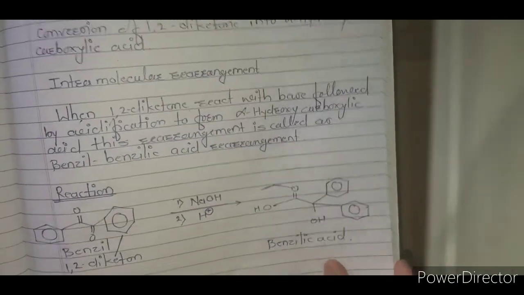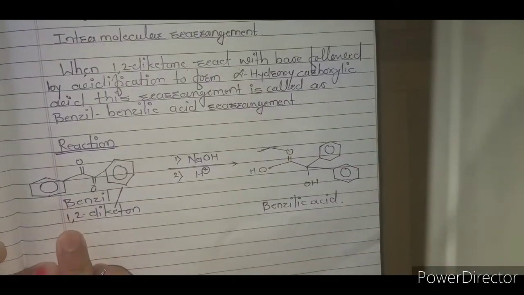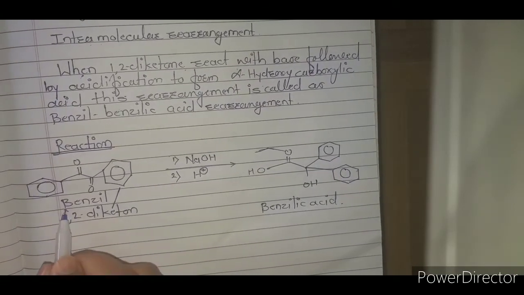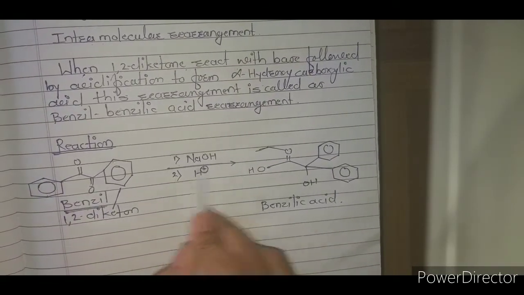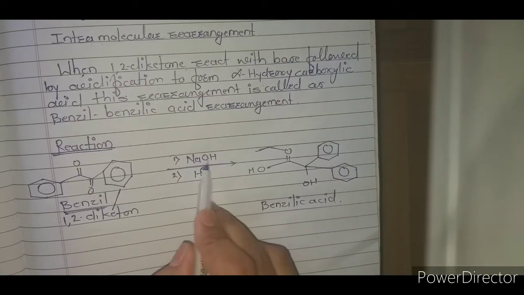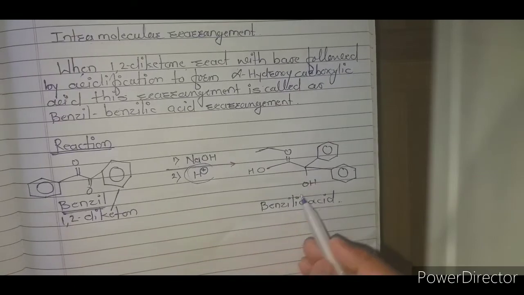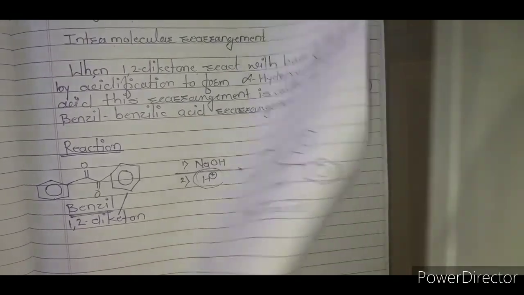Let's see the reaction. Take any 1,2-diketone, so I will take benzil in presence of base, so I will take NaOH, and after acidification it forms benzilic acid.